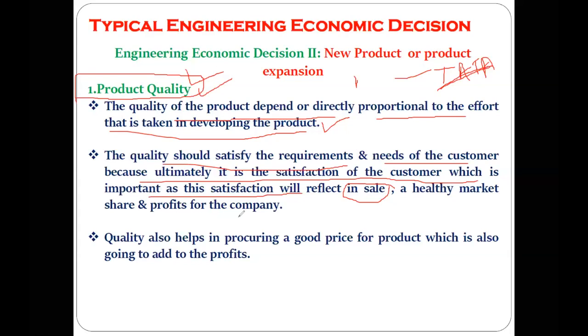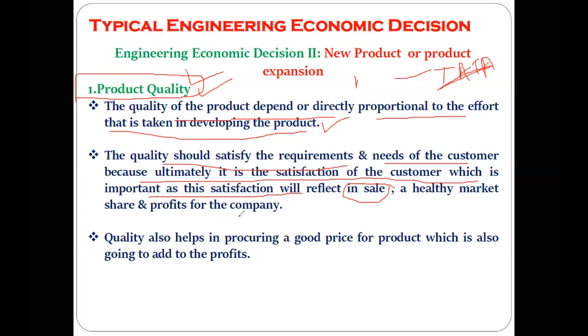Well, the car satisfies all the needs of the customer. Suppose Akash bought a car, and if Akash found everything in that car fine, he feels satisfied, he feels the money he has given to that company for that car is worth it. Then what can Akash do?